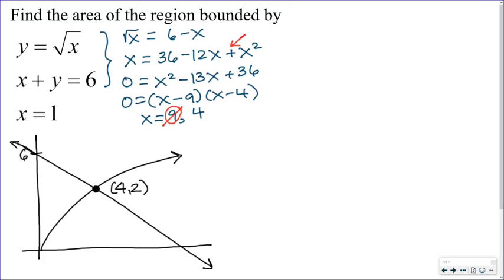Okay, and then I have one more curve here, which is x is 1, and that is going to be right here. Now, the region bounded by all three of those curves is in the middle here.